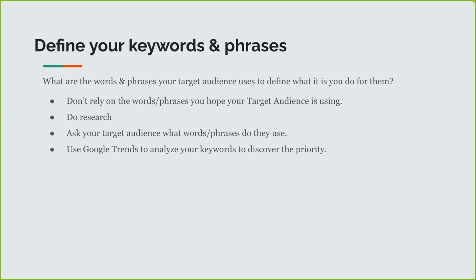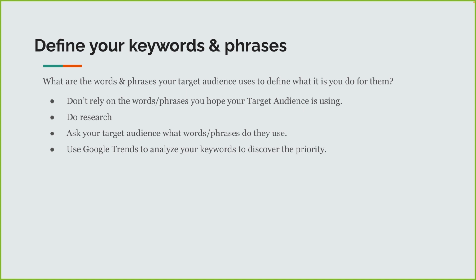I learned a long time ago, I thought my key phrase was a LinkedIn trainer. And that is a big important word for me and for my target audience. But I discovered through Google Trends that LinkedIn training is much more powerful than LinkedIn trainer.